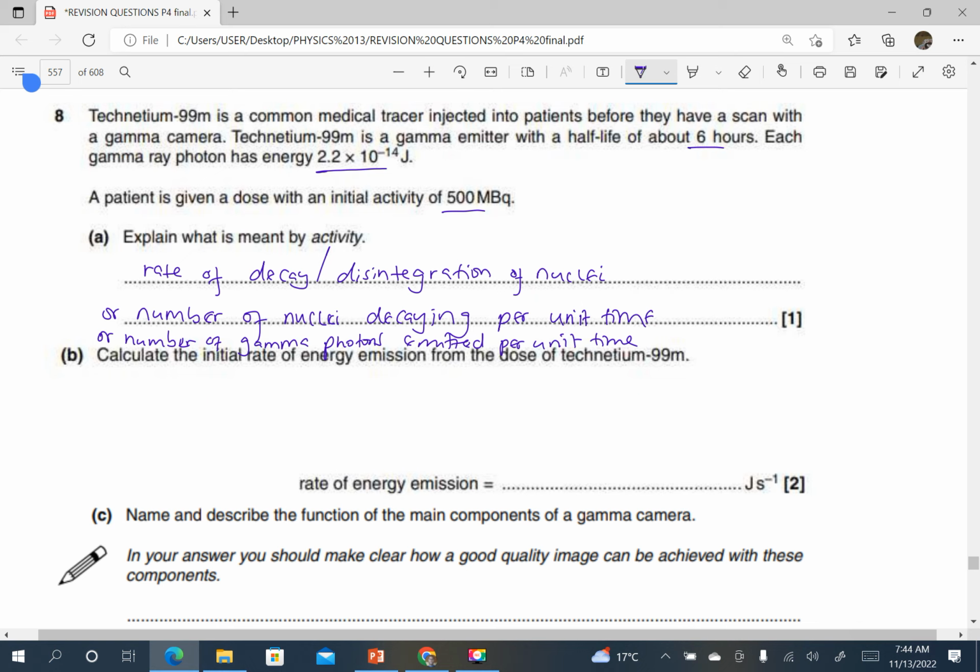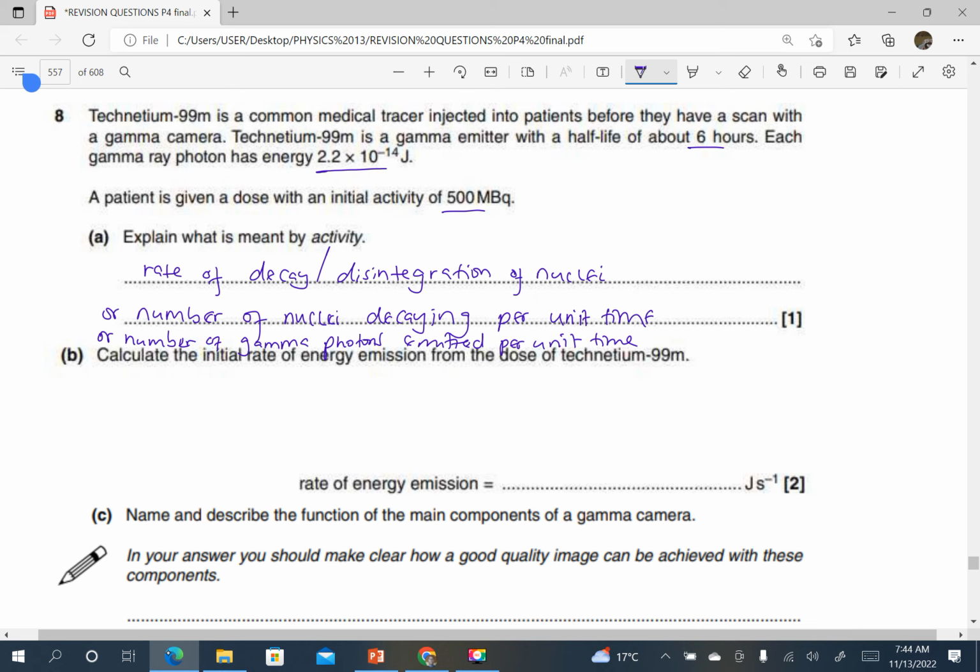Calculate the initial rate of energy emission from the dose of technetium 99m. They have given us that each gamma ray photon has energy of 2.2 times 10 power negative 14 joules, and that a patient is given a dose with an initial activity of 500 megabecquerels.